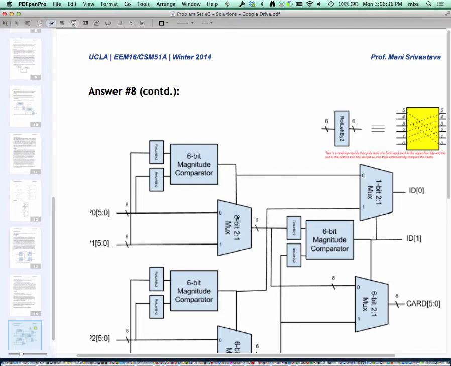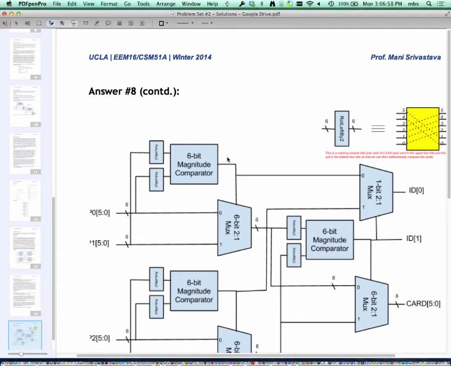I'm going to use that to then further select one of the 2 cards, right? So the 6 bits of card from P0, 6 bits of card from P1, I feed into a 6-bit mux. So at the output of this top mux, I have the card which is the winning card between P0 and P1.